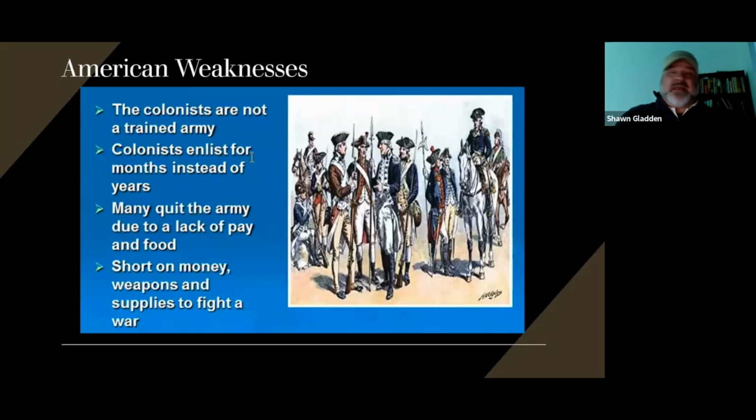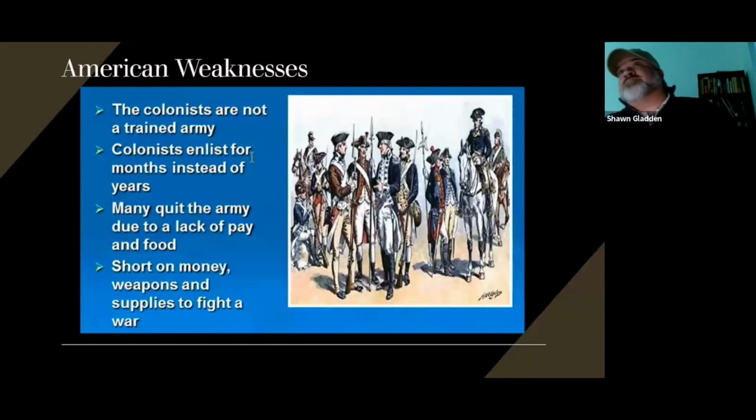And of course the AWOL problem was unbelievable, especially after the first year of the war. Washington also had no way to pay these guys. In many cases Washington financed some aspects of the army out of his own pocket. So it was tough.